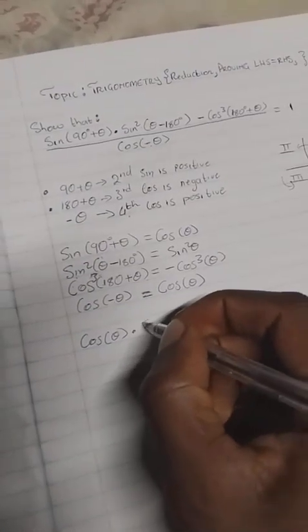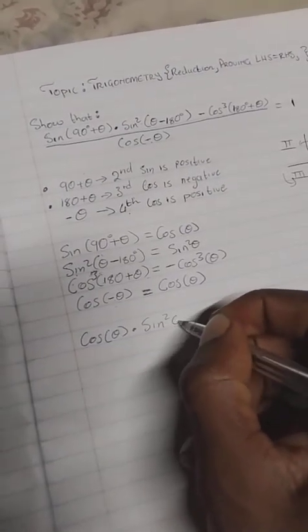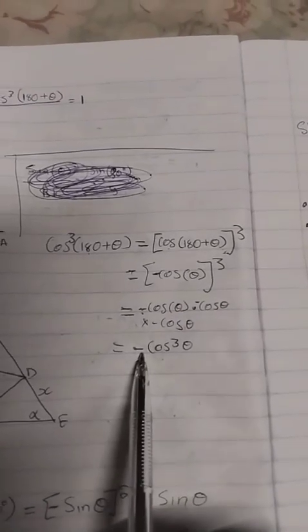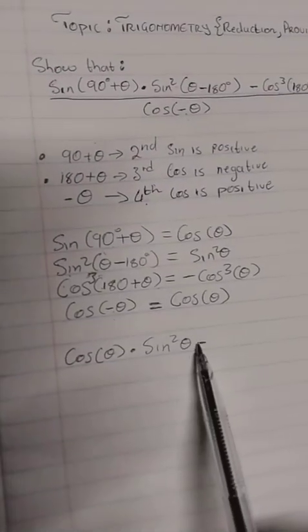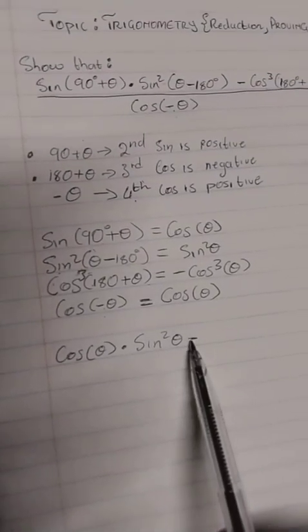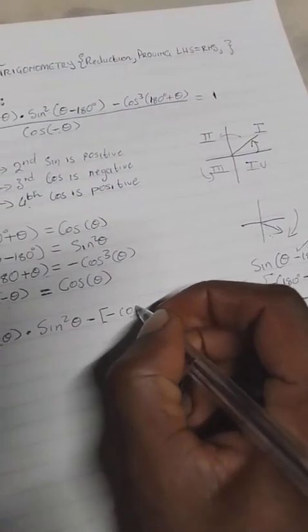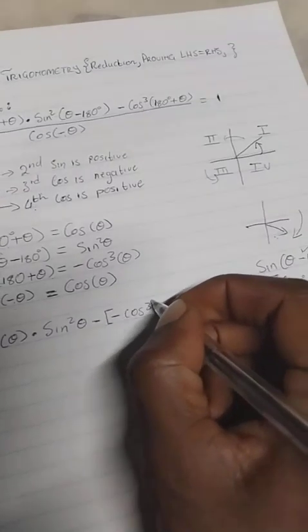multiplied by sine squared theta and minus, ne? Remember, it's minus into minus cos cubed theta. You should be careful, it's not just minus, it's minus into minus cos cubed theta.